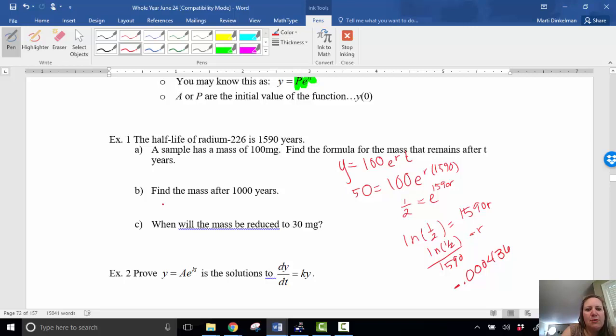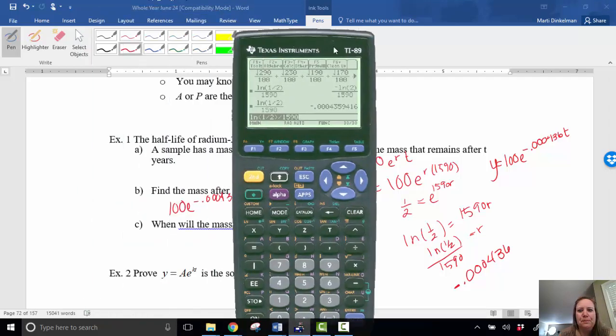Now, finding the mass after 1,000 years, maybe I should write my final equation: 100 e^(-0.000436t). For this one, what we really want to do is 100 e^(-0.000436 times 1,000). So we're going to plug that in on the calculator.